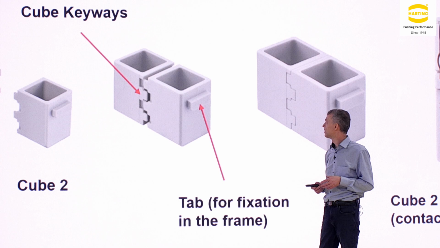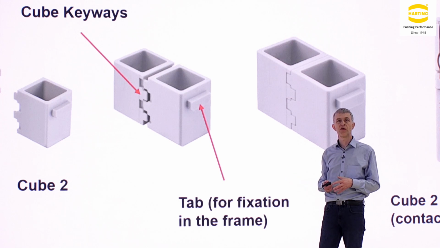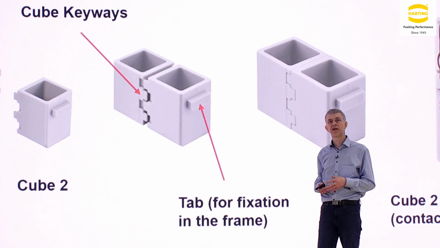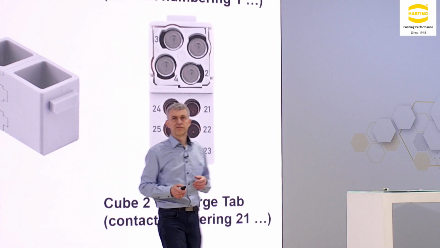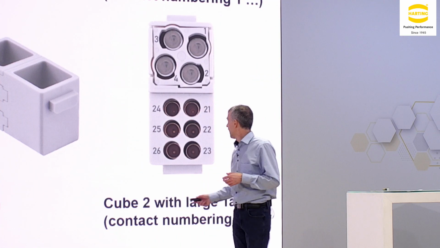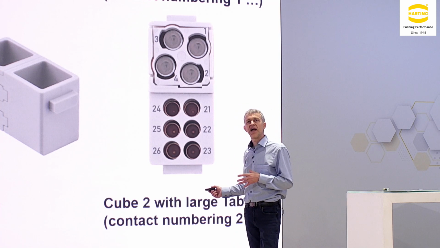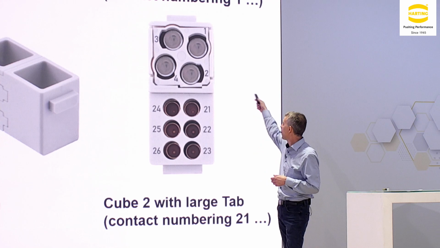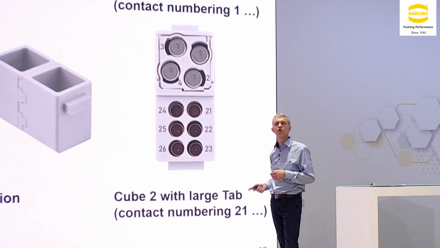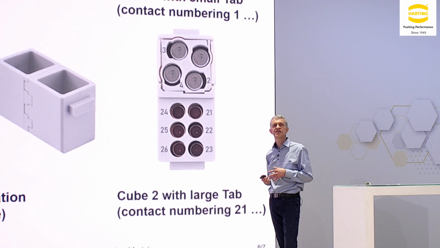We have a version with a small tab and another part with a large tab. And if they are combined, we have a clear identification.